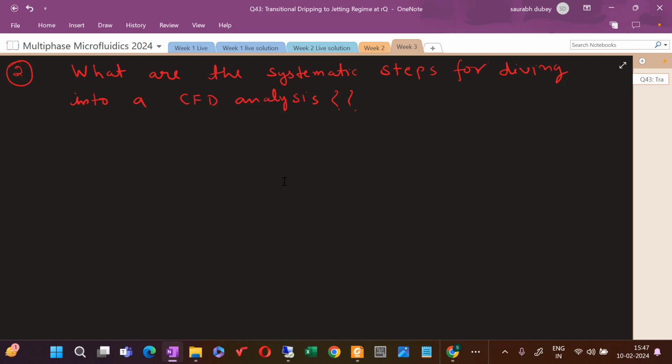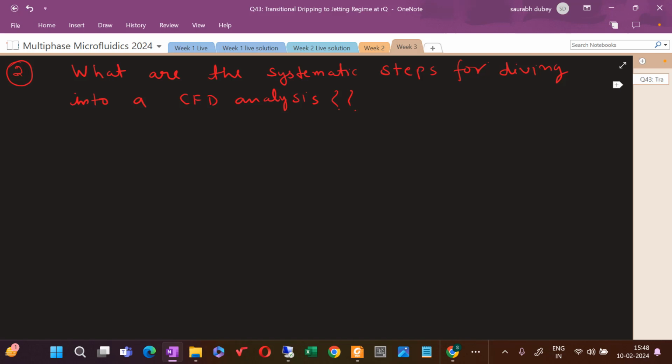But if you analyze it through CFD, you will get more detail, and the force calculation also at different locations of the drop, different locations of the continuous and the dispersed phase, and that kind of intricate in-depth analysis could be done through proper CFD modeling. So what are the systematic steps for diving into a CFD analysis? You just look at this and go for this.